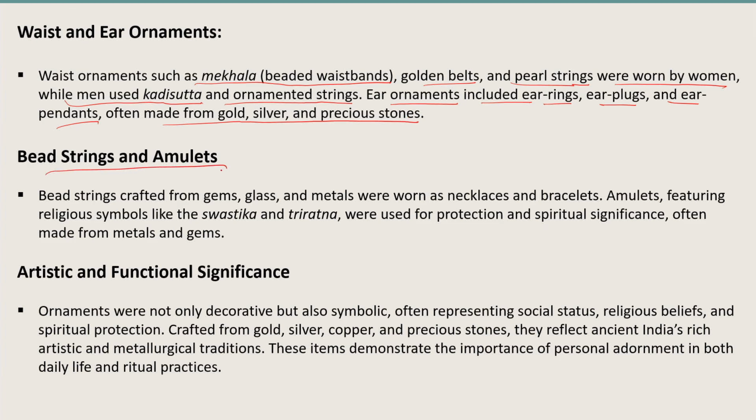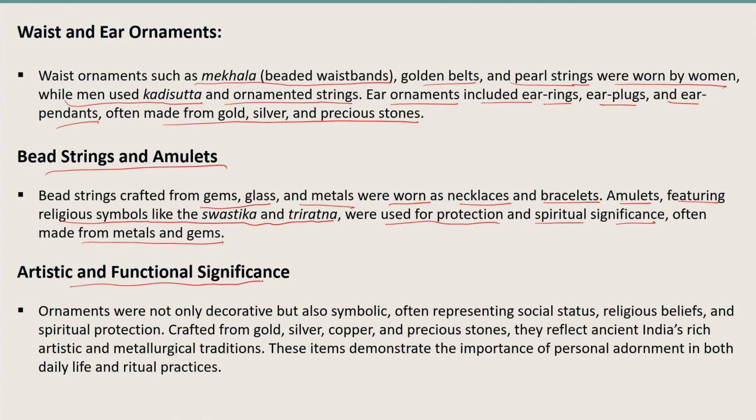Bead string and amulet. Bead strings crafted from gem, glass and metals were worn as necklaces and bracelets. Amulets featuring religious symbols like the swastika and Triratna were used for protection and spiritual significance, often made from metals and gems.